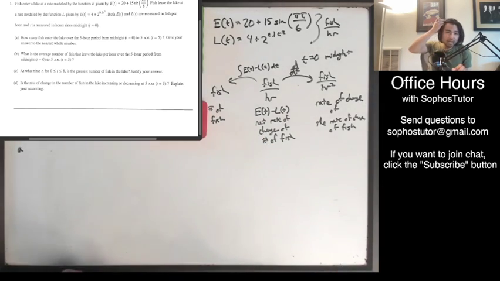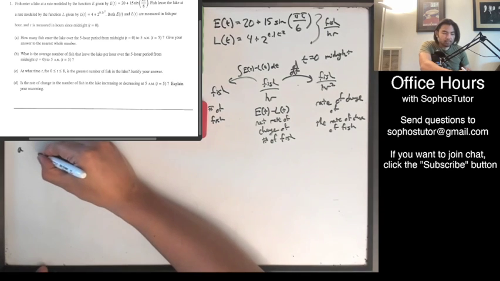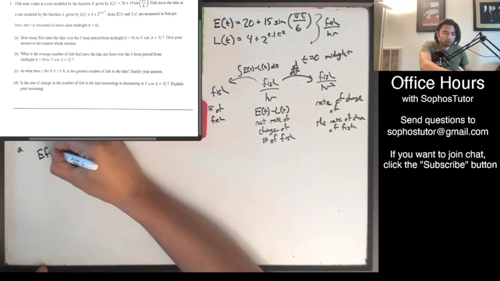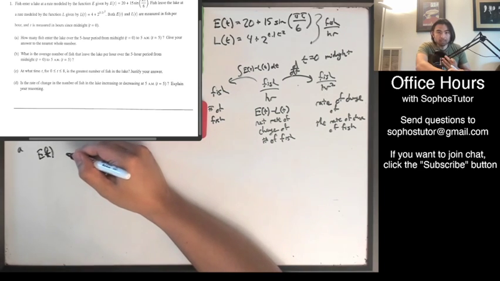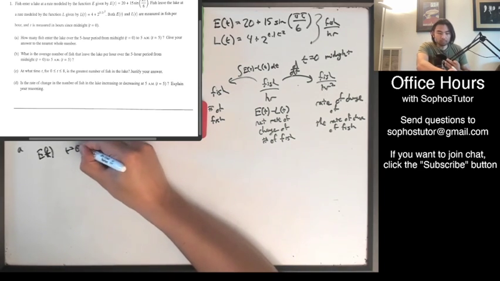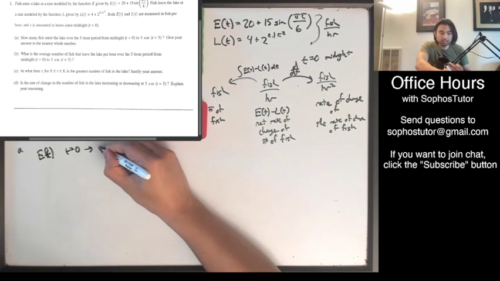Part A says, how many fish enter the lake over the 5-hour period from midnight? So we care about E of t, from t equals 0 to t equals 5.